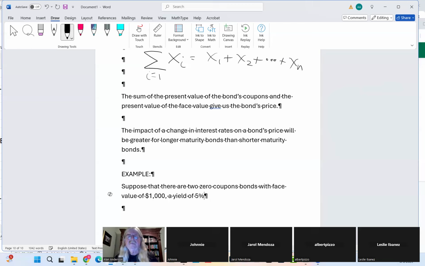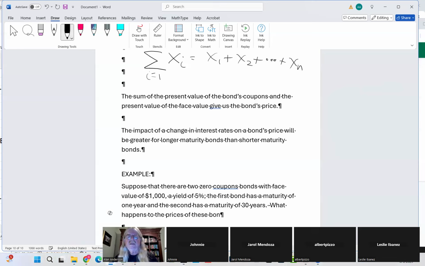The first bond has a maturity of 1 year, and the second has a maturity of 3 years. What happens to the prices of these bonds if the yield rises to 6%, let's say?